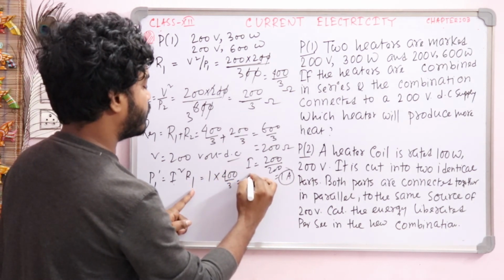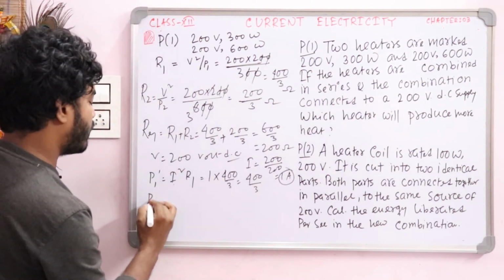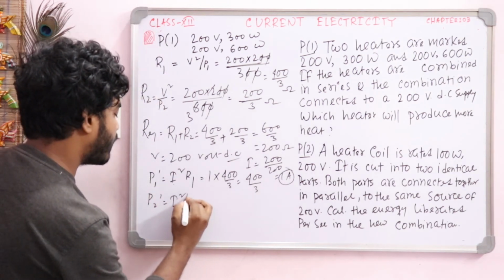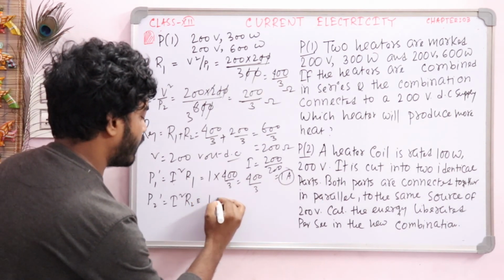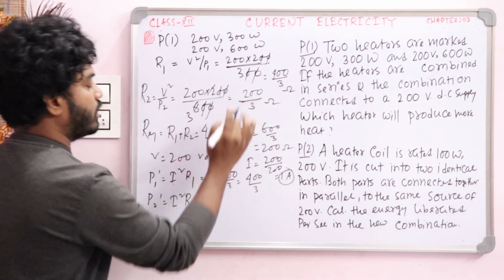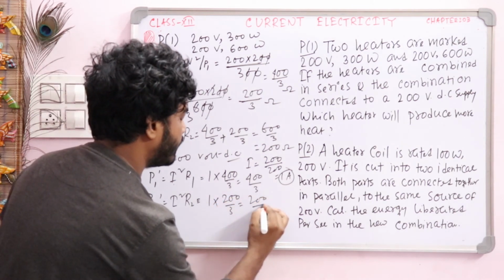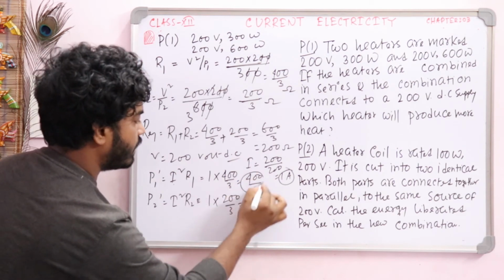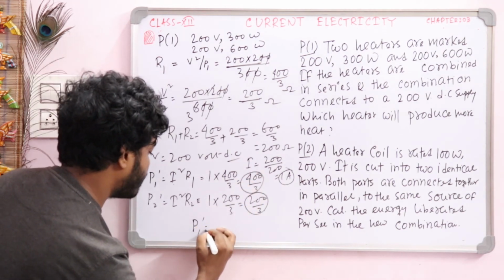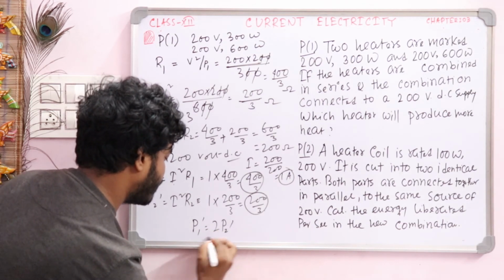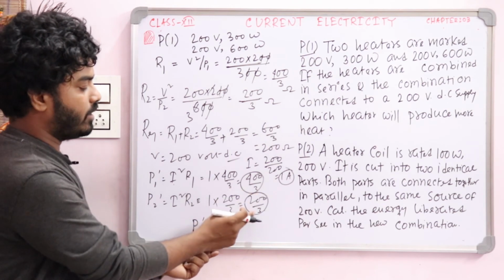And for the second one, P2 dash, that is I square R2. So I is 1, and R2 is 200 divided by 3. Comparing these two equations, P1 dash is 400 divided by 3, and P2 dash is 200 divided by 3.